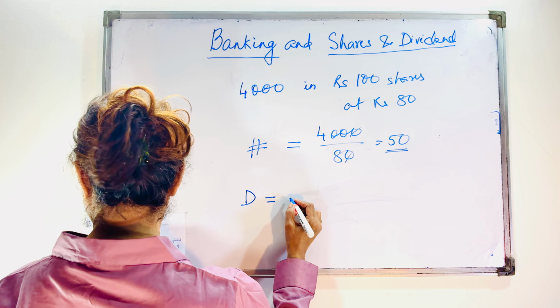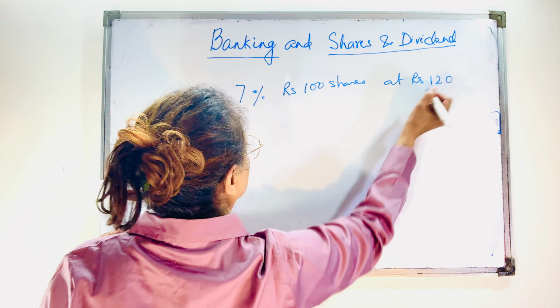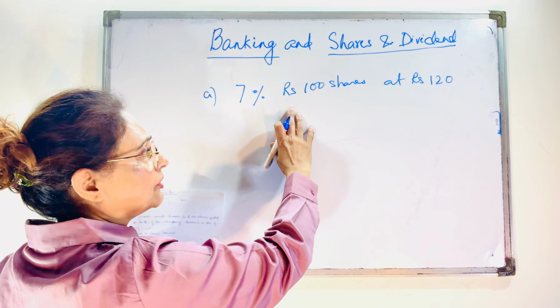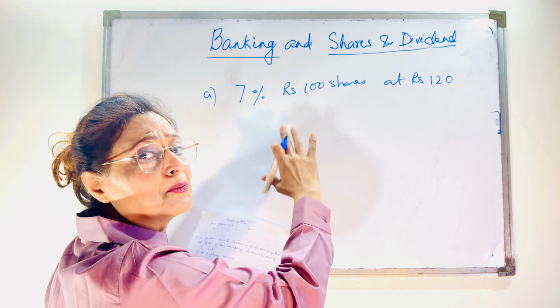One more. Which is a better investment? 7%, rupees 100 shares available at rupees 120. If it is available for the same price, it is called at par.